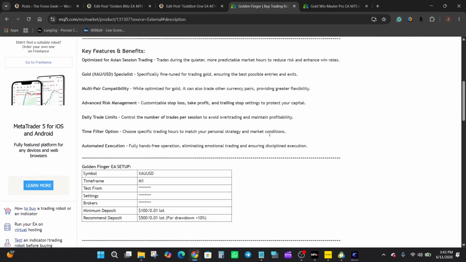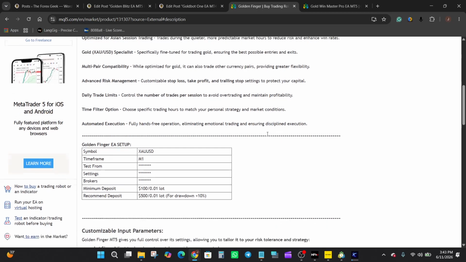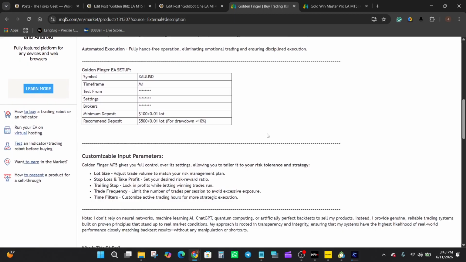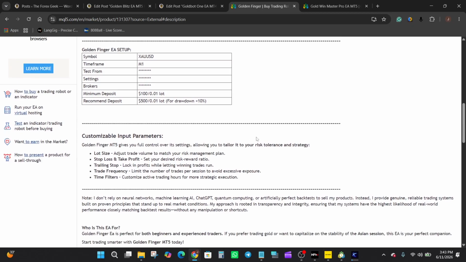So the behavior of the EA will heavily depend on how these parameters are set, especially in terms of risk exposure and profit locking. There are also daily trade limits mentioned, which helps control overtrading and keeps execution more structured during the session.